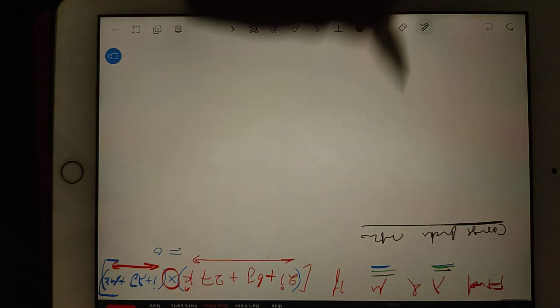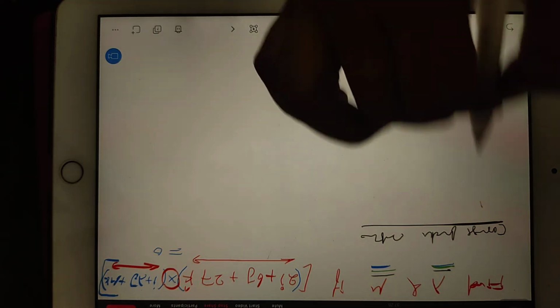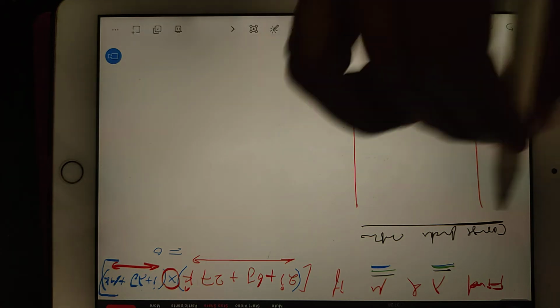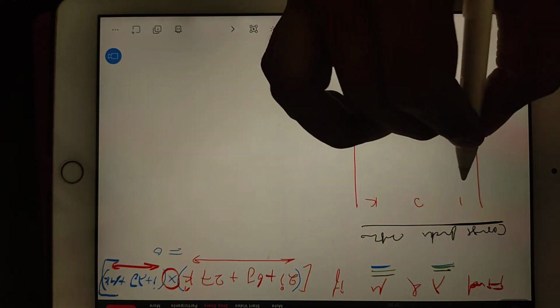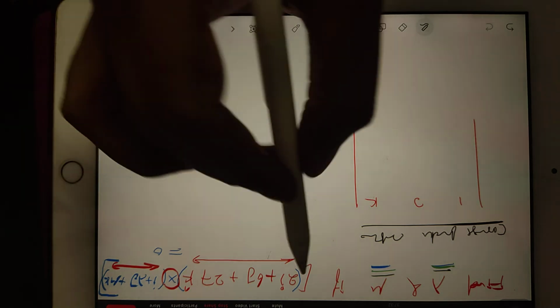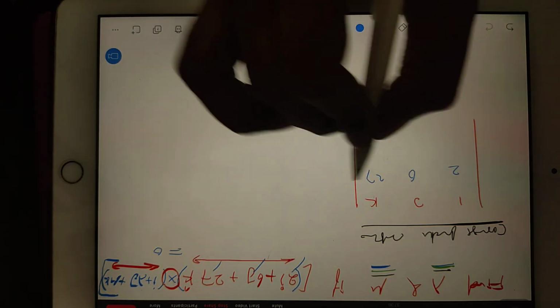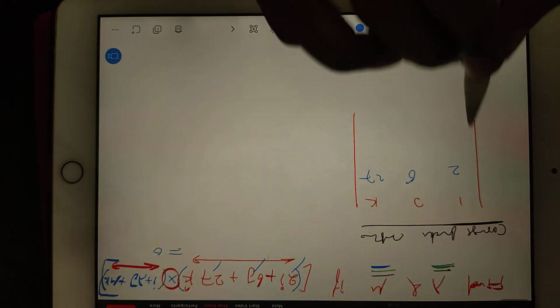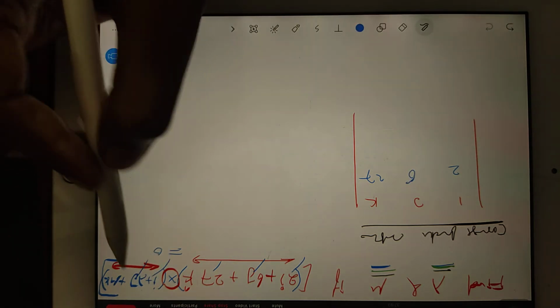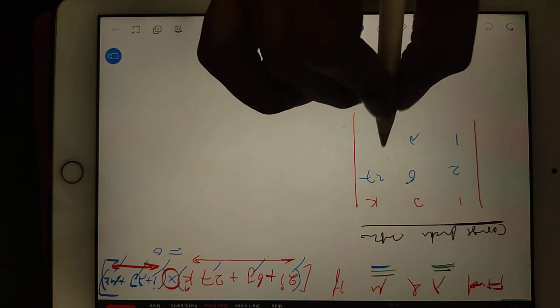What is the method? Method is easy. You put i, j, k, and now you start filling. So fill this, this and this, like 2, 6 and 27. Then you put 1, lambda and mu.